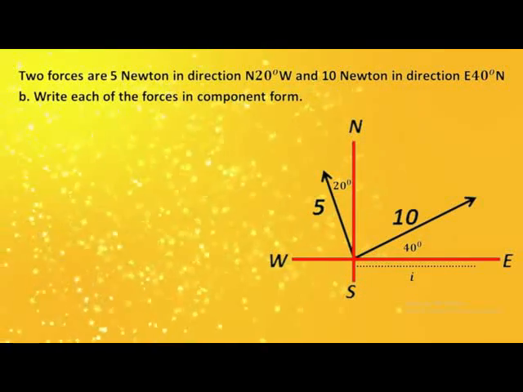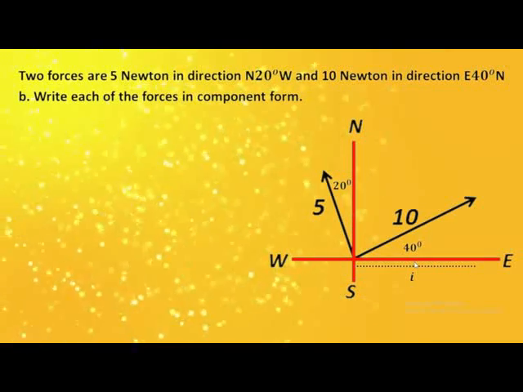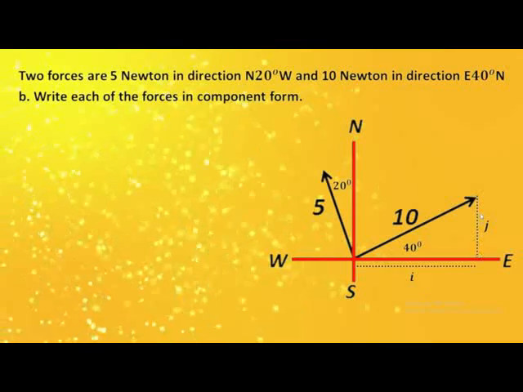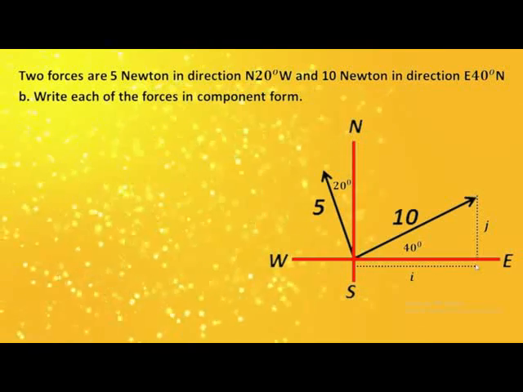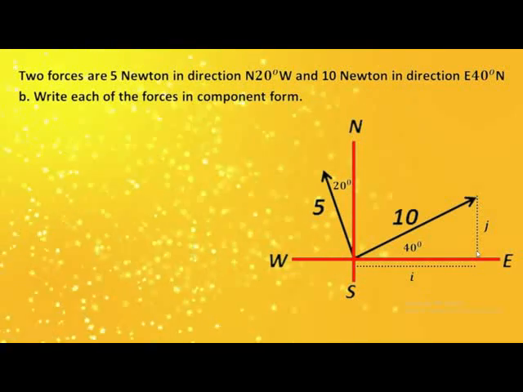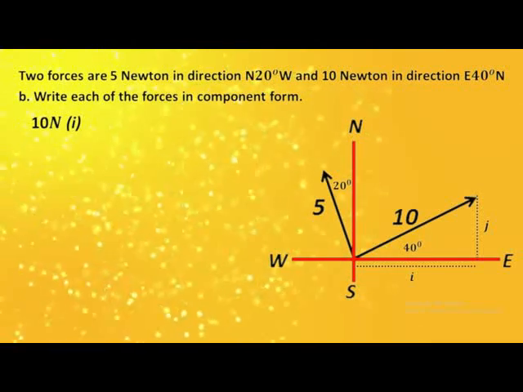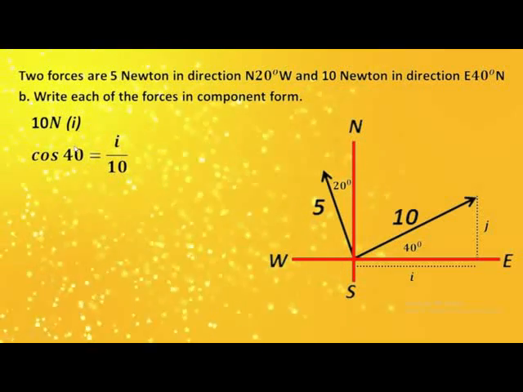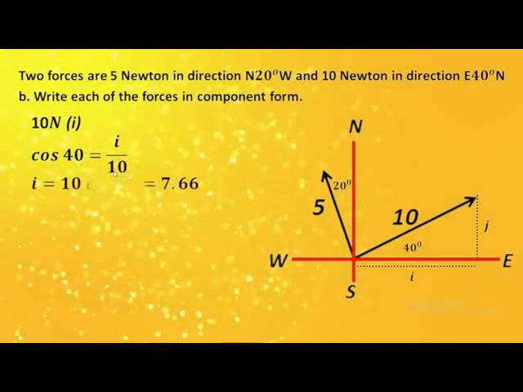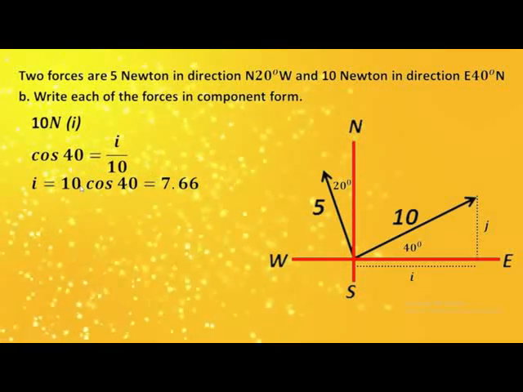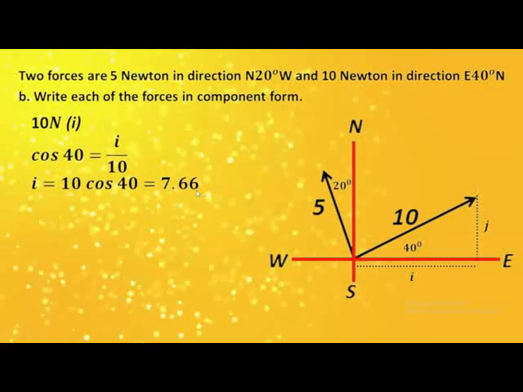So this is the form of the 5 Newton force. Next, let's deal with the 10 Newton force. This is the i component of the 10 Newton force, and this is the j component. As you know, this is the angle, the 40-degree angle, so i is the adjacent and j is the opposite. In order to find the i component, we use cosine. Cosine 40 equals i per 10. So the i component equals 10 times cos 40, which is 7.66. You can use your calculator to check this number.